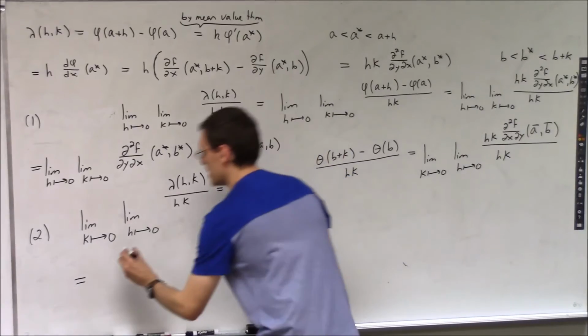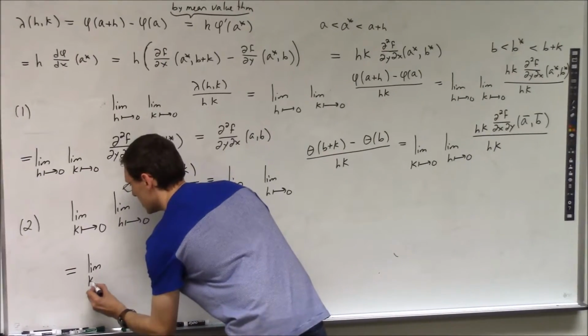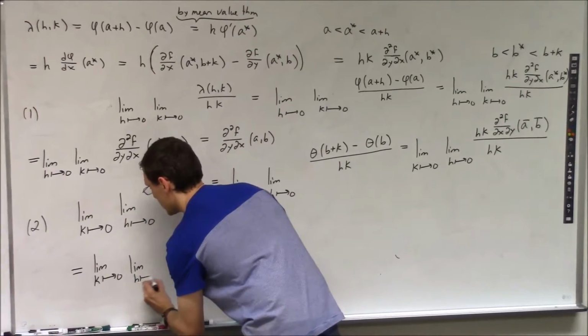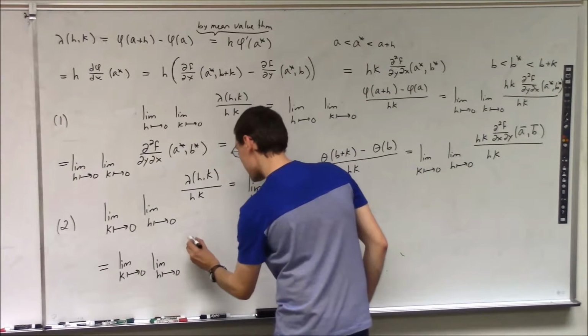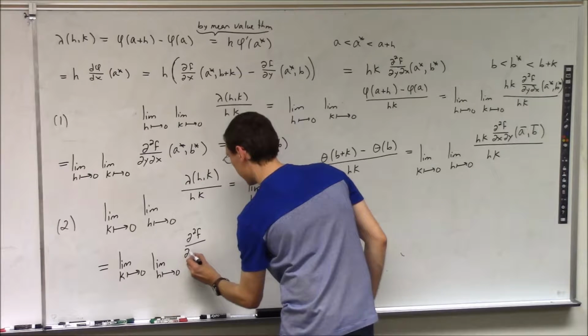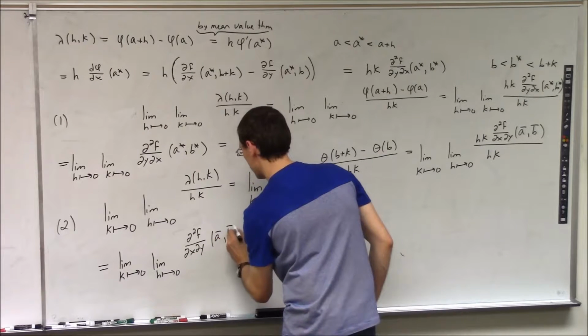And what you get is limit as k goes to 0, limit as h goes to 0 of d squared f dx dy a bar b bar.